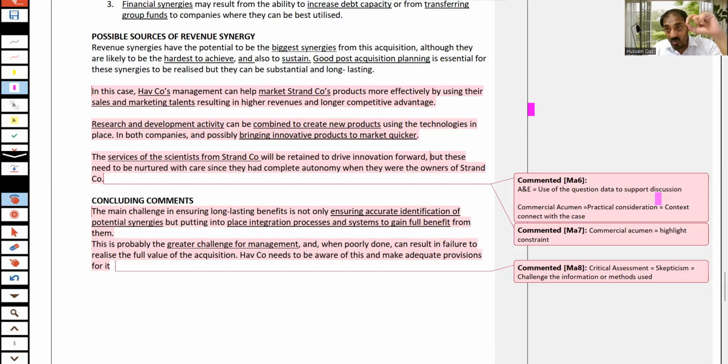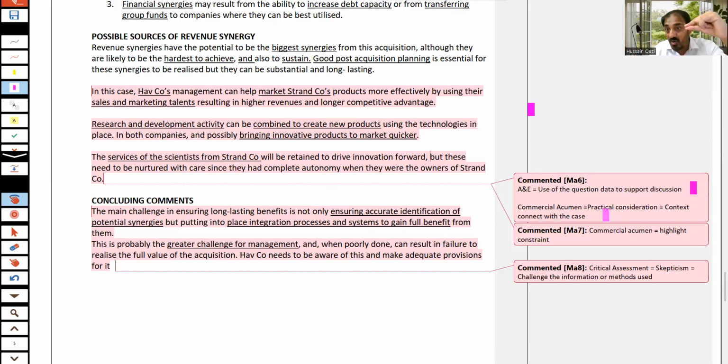At Strand, they are owner, but post acquisition, what is their status? Still owner? If not, are they the employee or managers? And do they have freedom or autonomy to develop the products with the same potential? This is the critical point. So use the question data to support discussion.